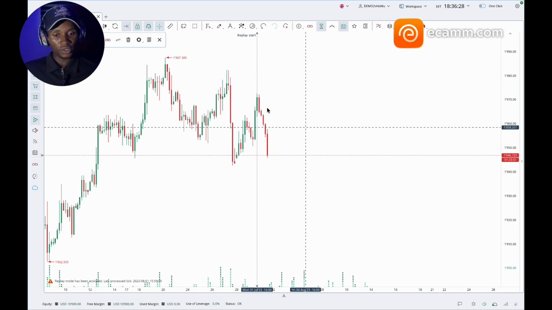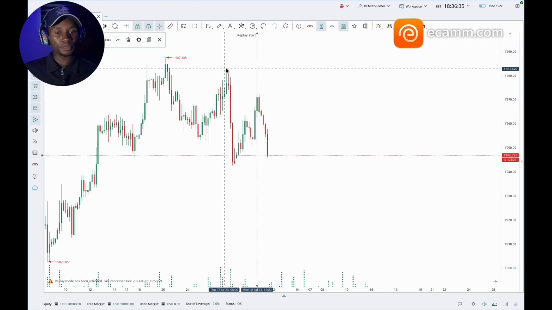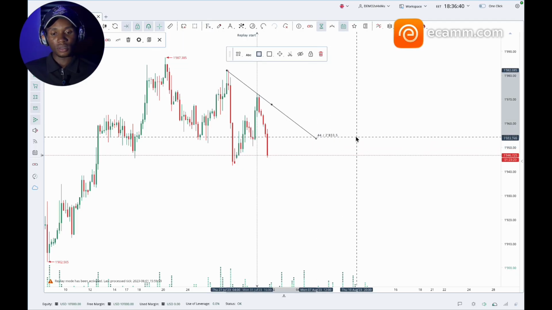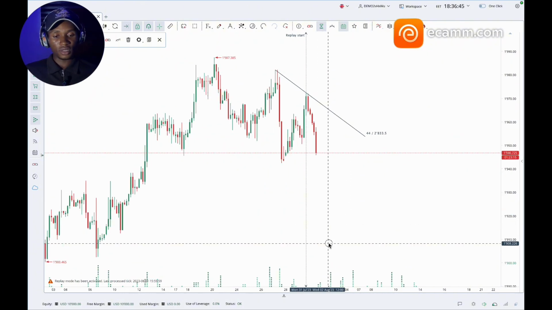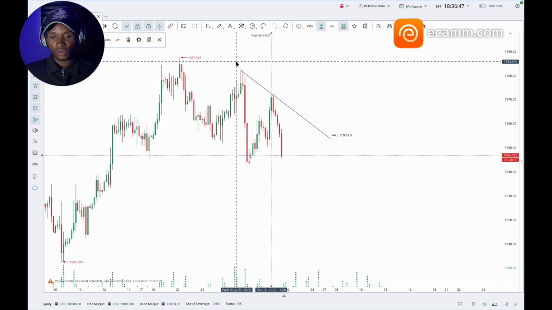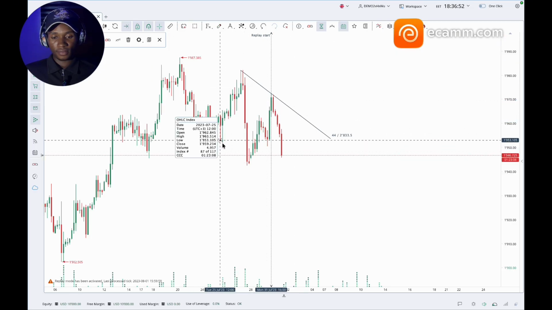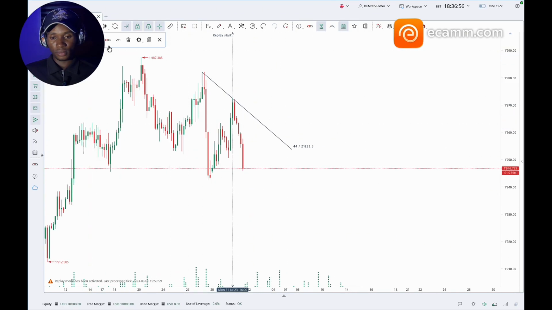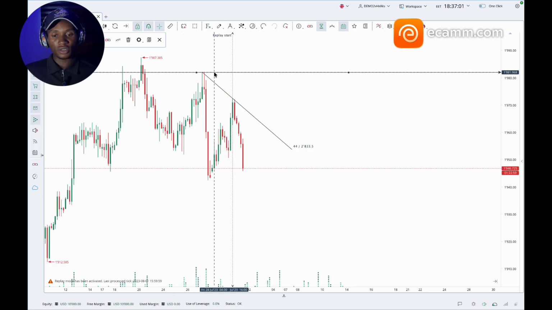Basically, we can draw our trend line between these two recent lower highs. So basically this is a downtrend. The downtrend is forming. So we know the market structure is a downtrend.